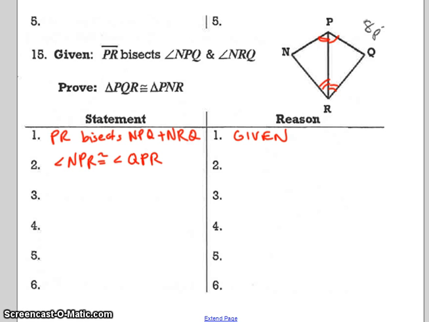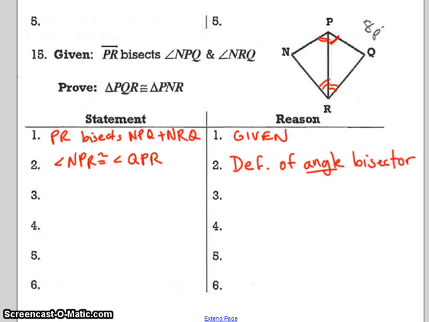Alright, this angle is congruent to this angle because they are bisected. Okay, and that's the definition of an angle bisector. Alright, and it's angle because the angle is getting bisected.